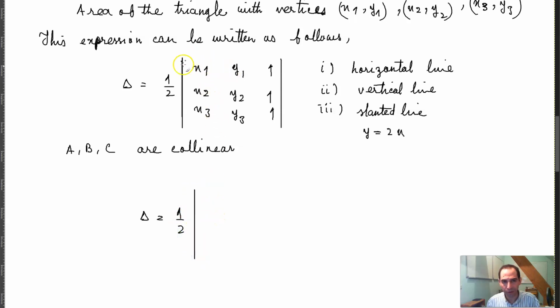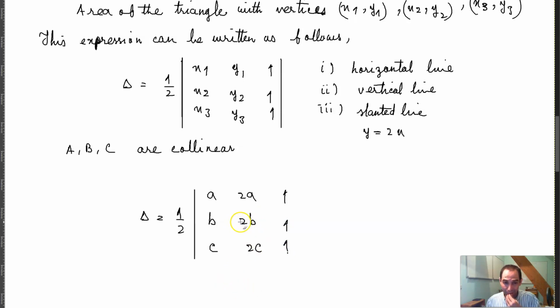I can write the x1 as half of y1, which means that if I take this as a, this becomes 2a. And again, if I take this as b, this becomes 2b. If I take this as c, this becomes 2c, and so on and so forth. And you have 1, 1, and 1 over here.